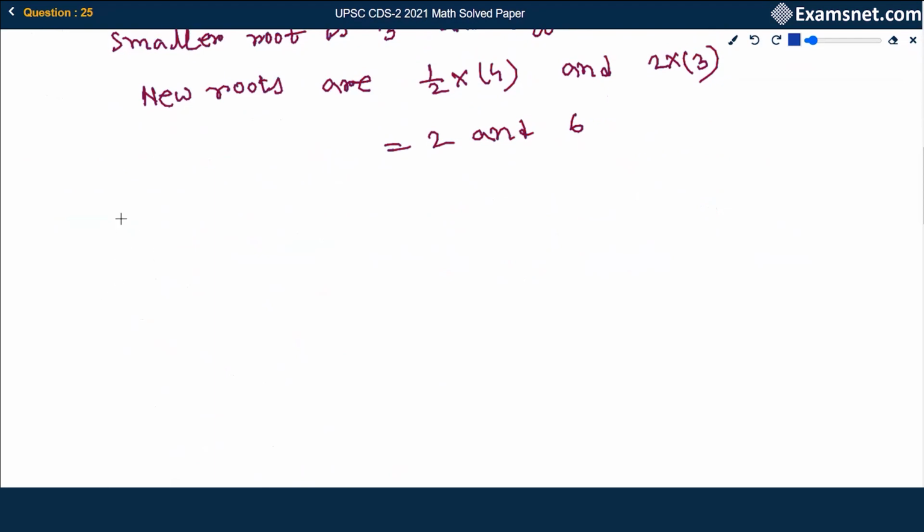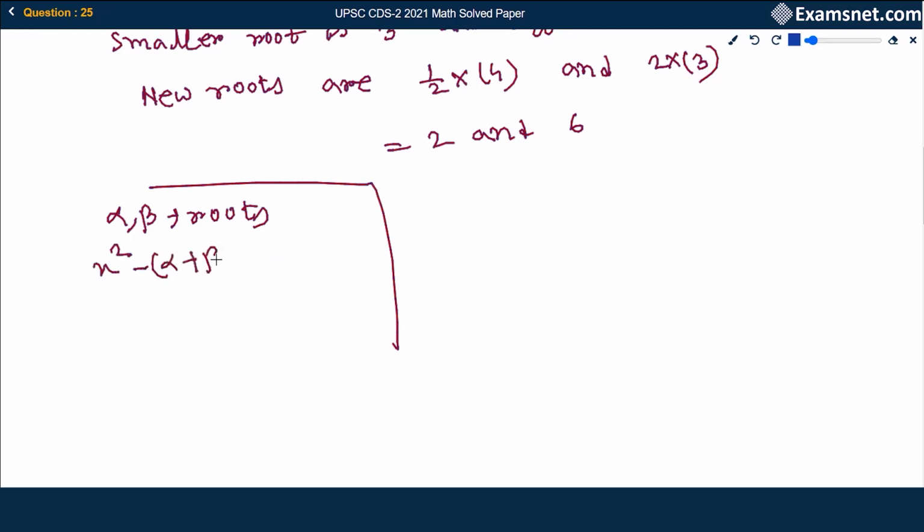So the formula is, let's say alpha and beta are roots. I'm giving you the conceptual description. If alpha and beta are the roots, we can form the quadratic equation as x square minus (alpha plus beta) x plus alpha multiplied by beta equals 0. So here, let's say alpha equals 2 and beta equals 6.